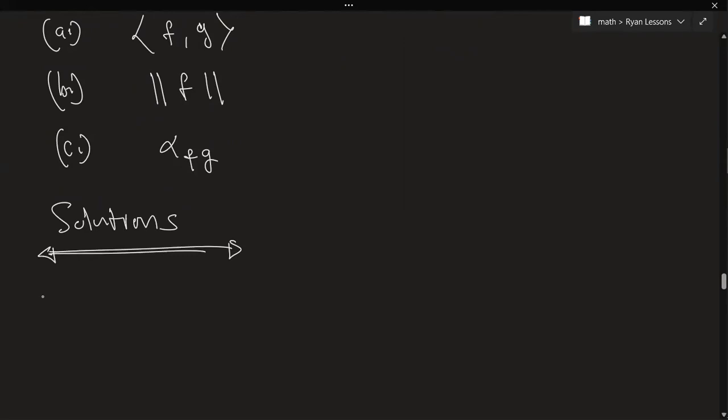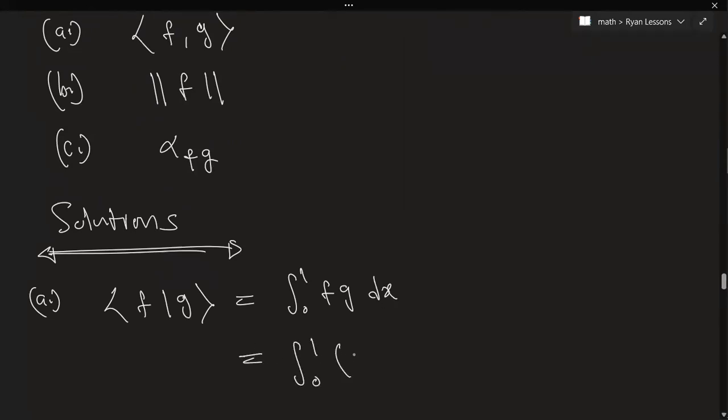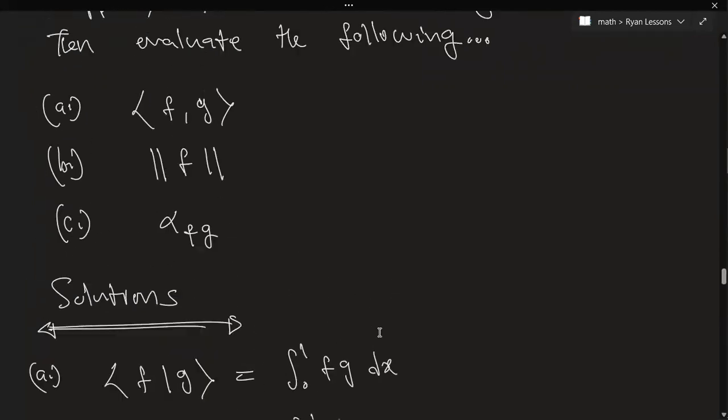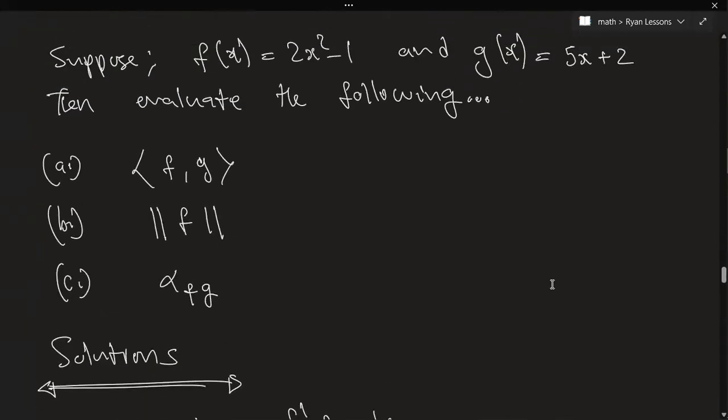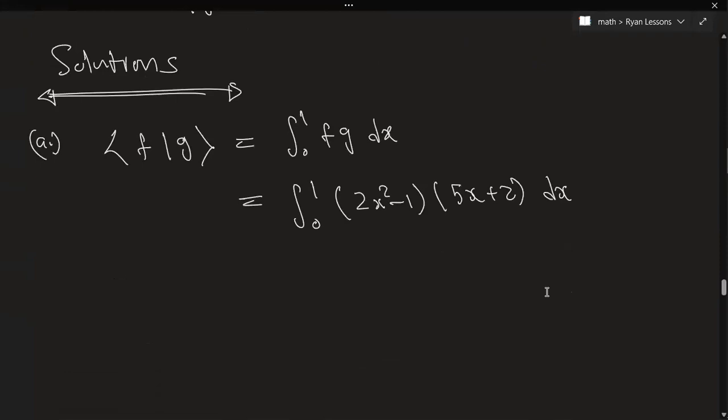To answer part A, we want to find the inner product between f and g, which is defined as the integral from 0 to 1 of f times g dx. So I have to find the integral from 0 to 1 of 2x squared minus 1 times 5x plus 2, dx. We use what we know about integration to simplify this.